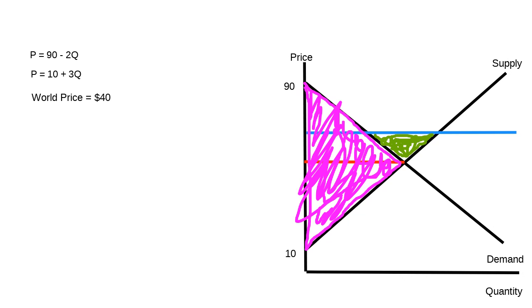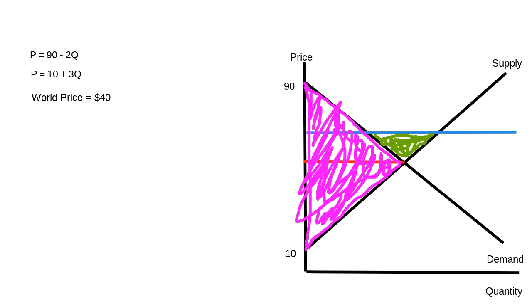So if you are exporting, it's world price minus equilibrium price times the exports divided by 2. If you're importing, it's equilibrium price minus the world price times the imports divided by 2. Or you can just understand that you're calculating distance, not ignoring the minus sign.